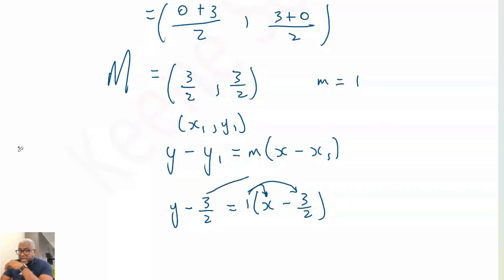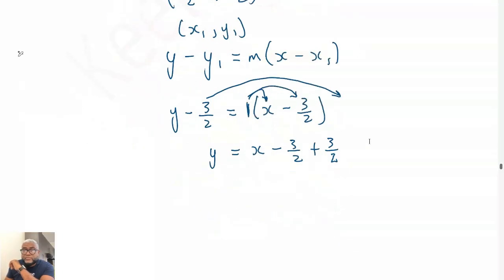No, not negative. Positive 1. M is positive 1, right? So y will be equal to 1x, which is just x, minus 3 over 2 plus 3 over 2 on this side. 3 over 2 plus 3 over 2 is what? You'll just get 0, so it'll be y is equal to x plus 0, which is just x.